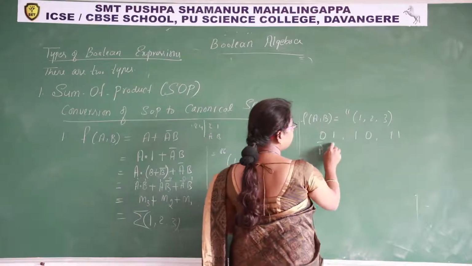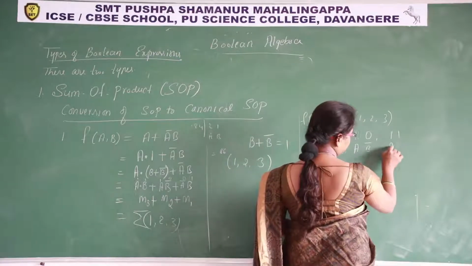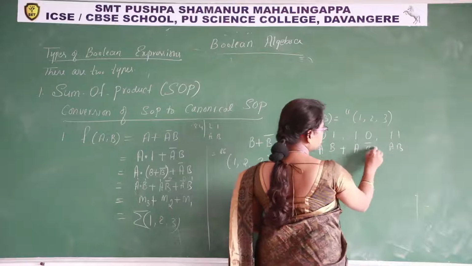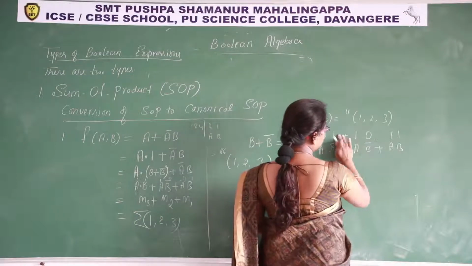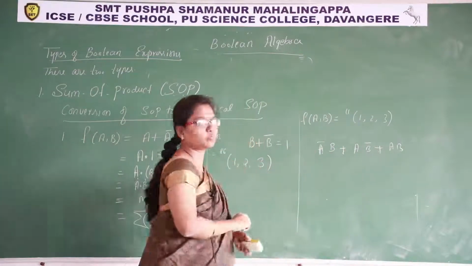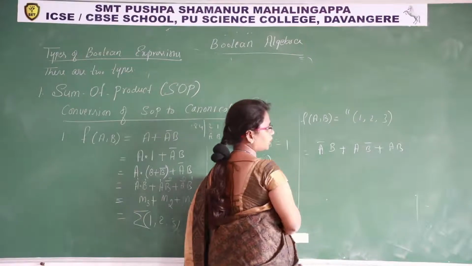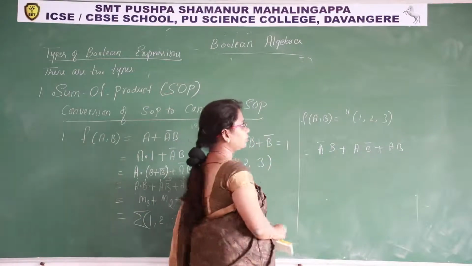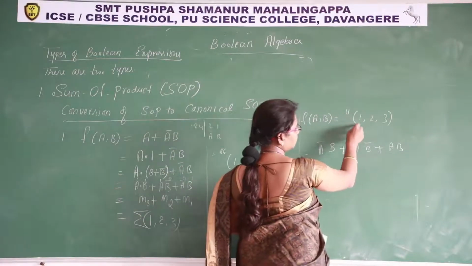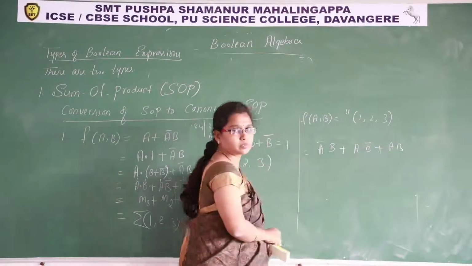Now a bar b, a b bar, a b, with plus signs. For your convenience I have written 0 1, 1 0, but you should write it like this. So this is the canonical Boolean expression. If the question is given in shorthand notation, you must write this Boolean expression.